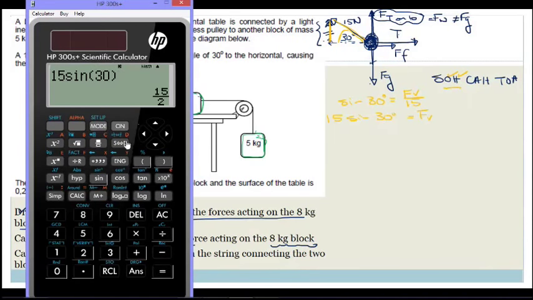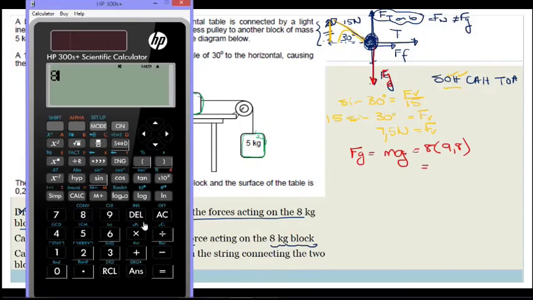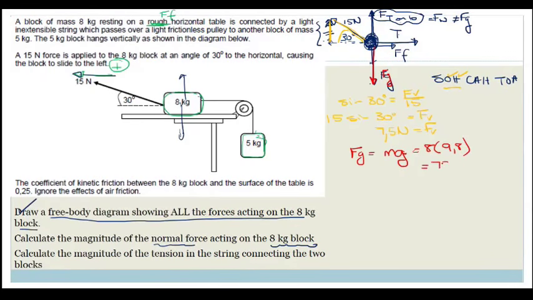So that's 7,5, right? The weight of this object, force due to gravity, Fg equals mass times acceleration, mg. The mass of the object is 8 times 9,8, which becomes 78,4 newtons.